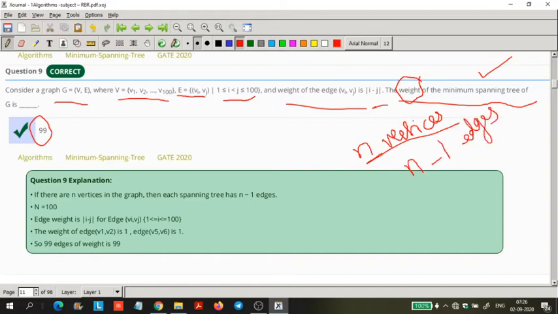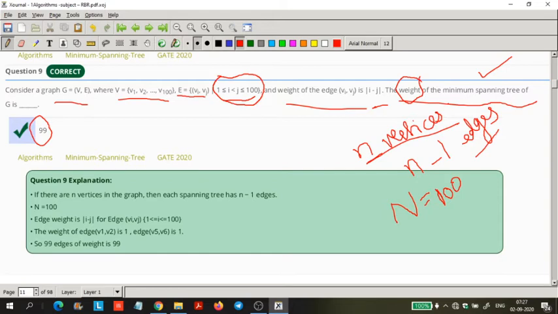If n is 100 vertices, each edge weight is |i minus j| for the edge (vi, vj), where i is greater than or equal to 1 and less than or equal to 100.